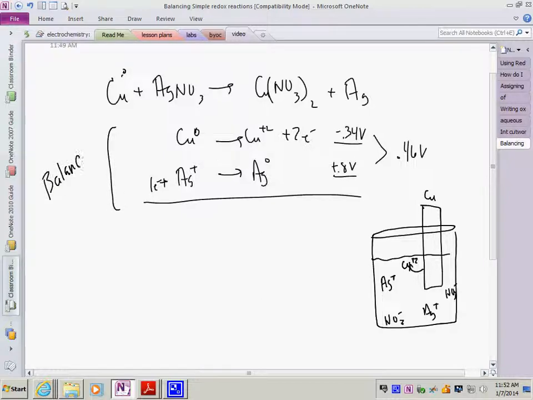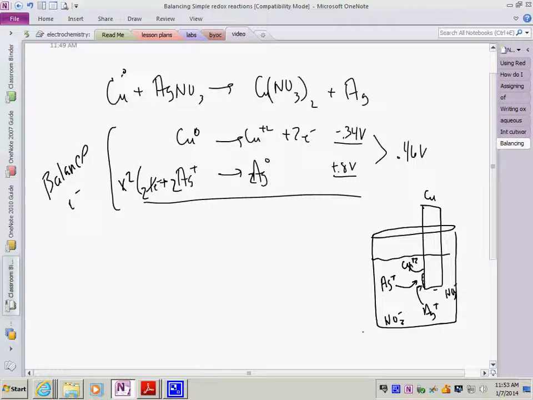Whatever electrons one side loses have to be gained by the other. This goes times 2. Give me 2 electrons, 2 silvers. There we go. 2 of these guys will therefore jump onto the post, forming a solid lump of silver. I'm assuming, since there's lots of copper here, that this reaction will continue until the silver runs out. It will go to completion.